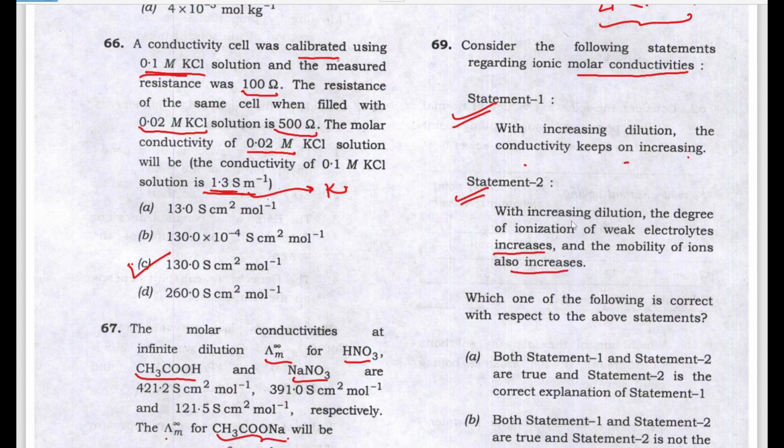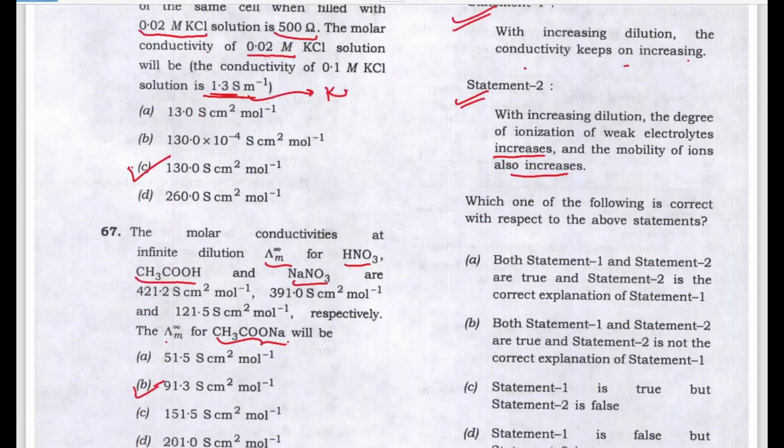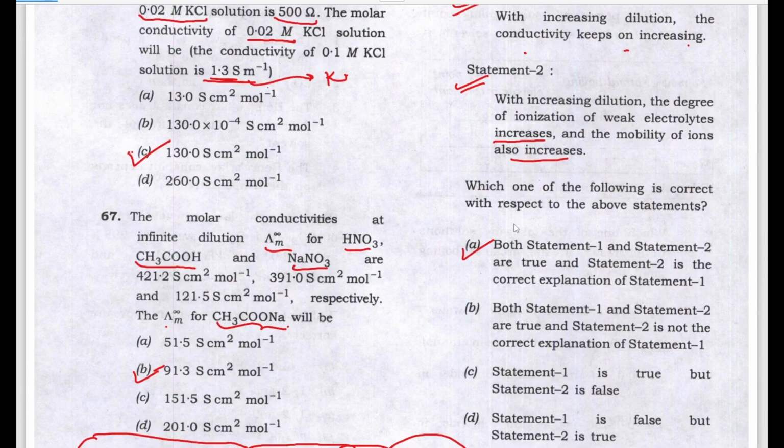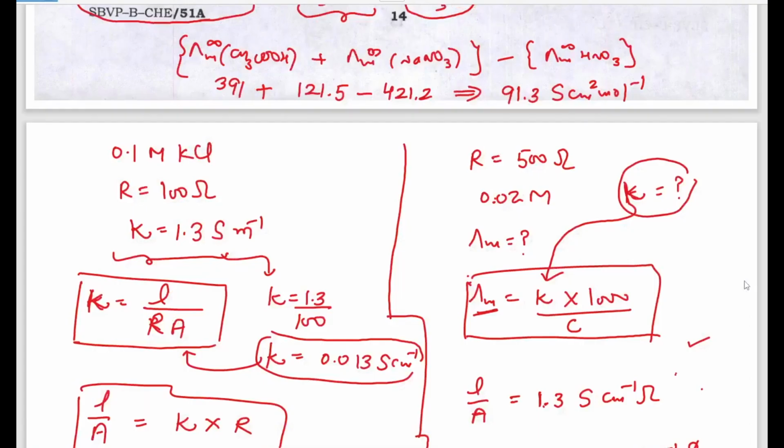This is also a correct statement. With increase in dilution, weak electrolytes can dissociate easily, so the mobility of the ion will also increase and conductivity will increase. So both statements 1 and 2 are correct, and the correct answer is A in this question.